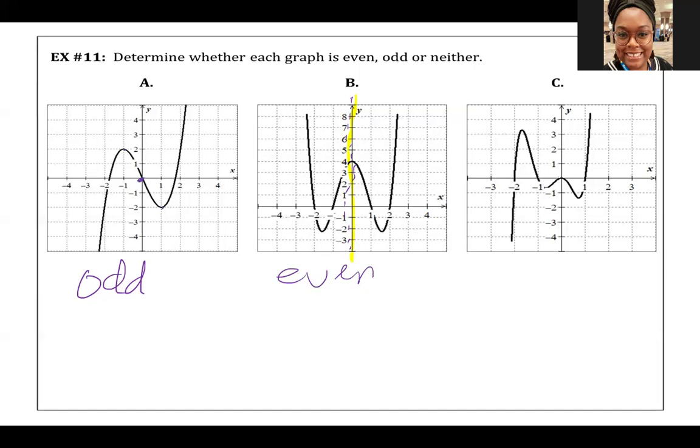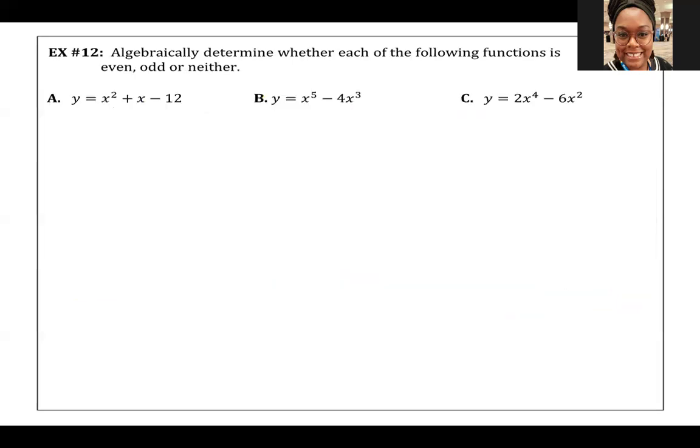No, even though it goes through the origin, it does not have rotational symmetry, right? And because of that, this is a neither case. Okay, how do we feel about being able to visually recognize odd, even, and neither symmetry? Good? Doable? All right. Let's talk about it algebraically.